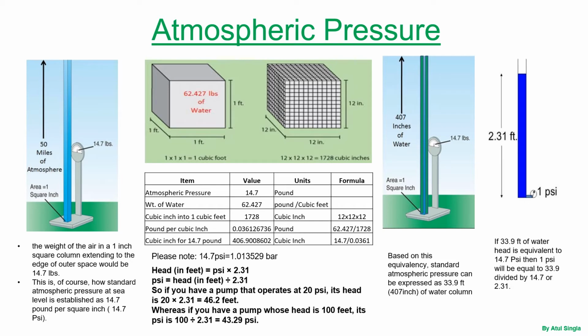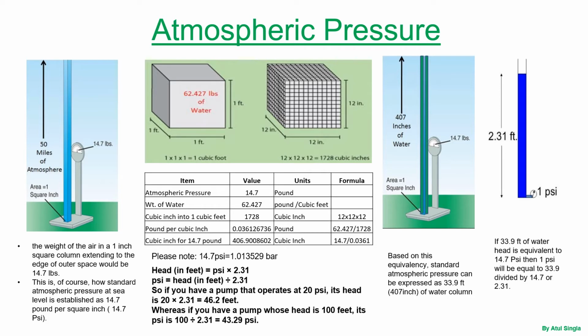If you convert it into inches, that is 12 inches per feet, then 12 by 12 by 12 is equal to 1728 cubic inches. Now if you divide this weight of water by this many cubic inches, you will get the pounds, this much weight will be there inside this volume, right?